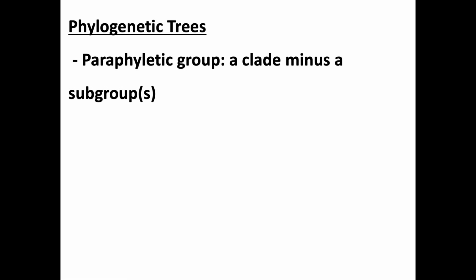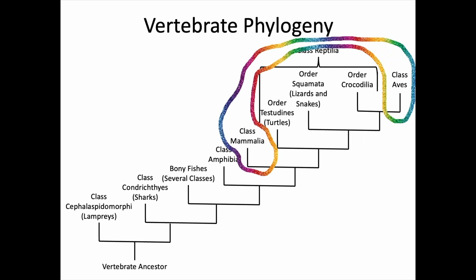There is one more term to describe groups here, and that is the term polyphyletic group. So if we were to lump mammals and birds together, why would we lump mammals and birds together? Well, they're both warm-blooded. And so, yeah, it would make sense to create some group of warm-blooded vertebrates here, including mammals and birds.